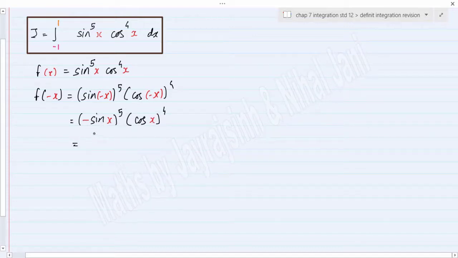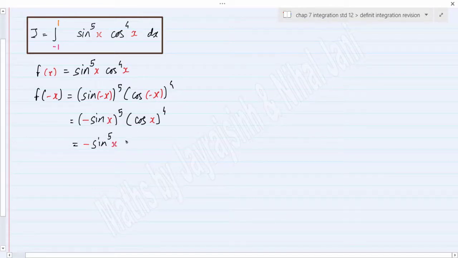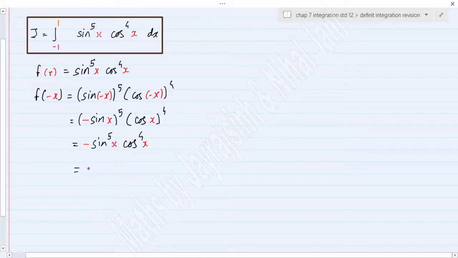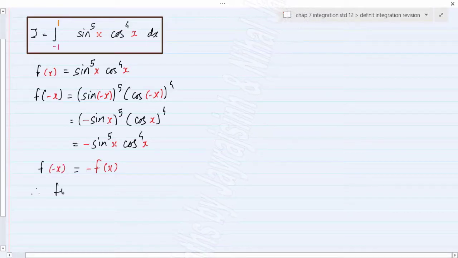Minus sin x has power 5, which is odd, so it will give us minus sin x raised to 5 into cos x raised to 4, which suggests that our f of minus x is minus f of x. Therefore, our function is odd.